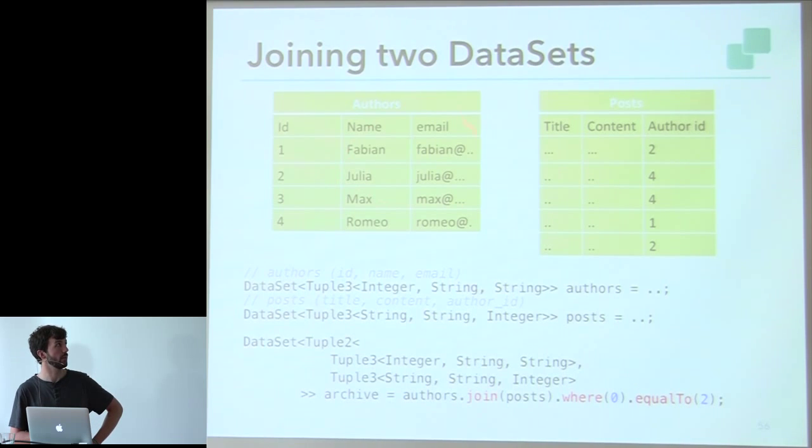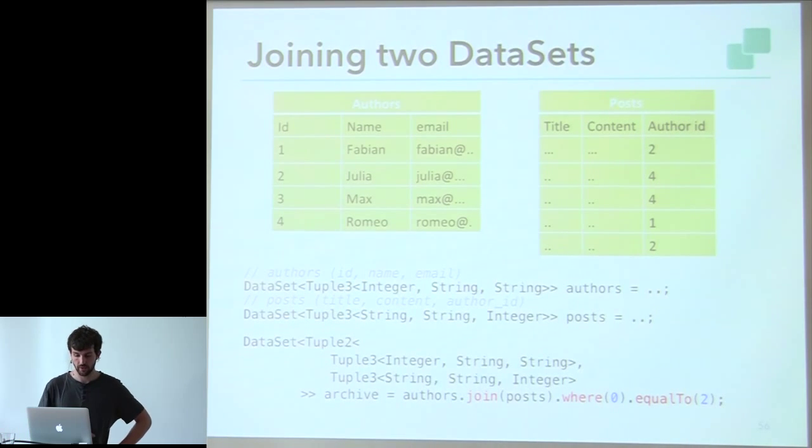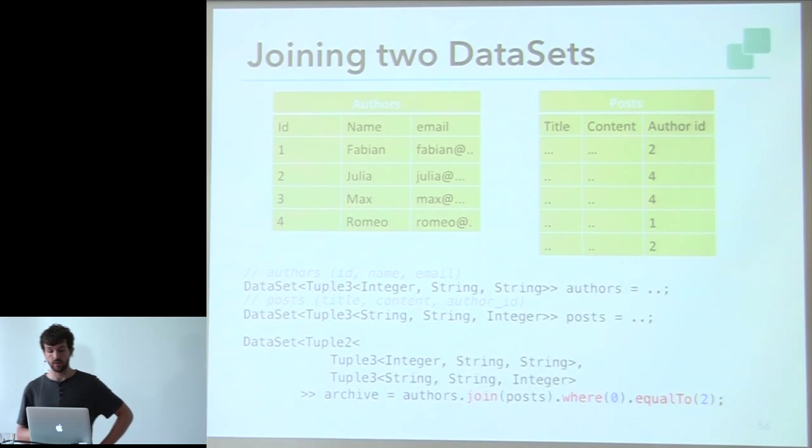So in this example, we have a typical blog application where we have authors, and authors write posts, and we link authors and posts by assigning the author ID to every post. So we have these two data sets, and we want to join them in Flink.